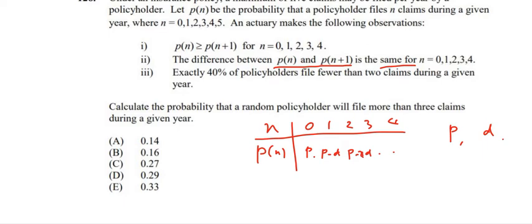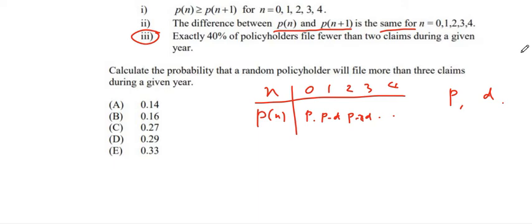So how can we find p and d? We use this condition: exactly 40% file 2 claims during a given year. So this means the probability n equals 0 plus n equals 1 is equal to 40%.